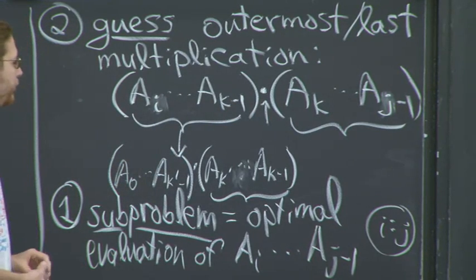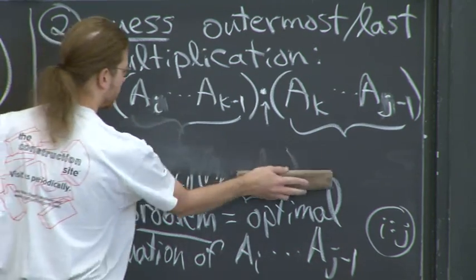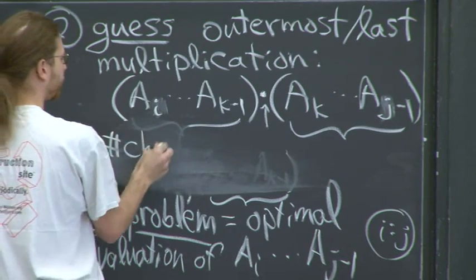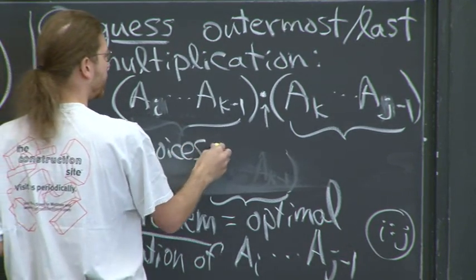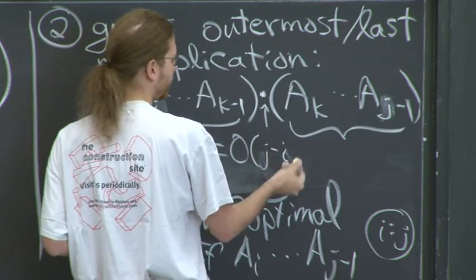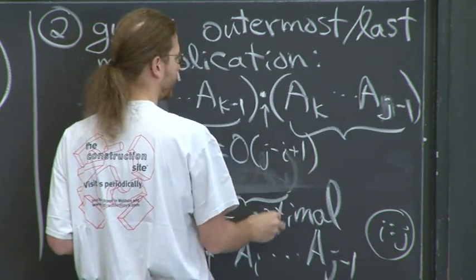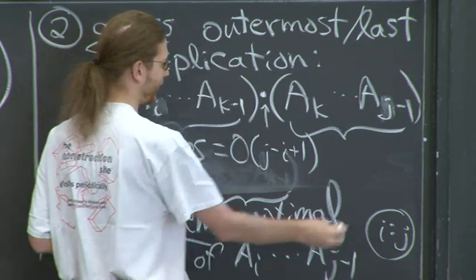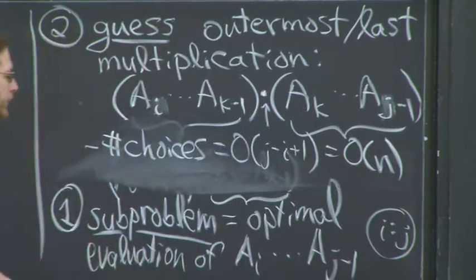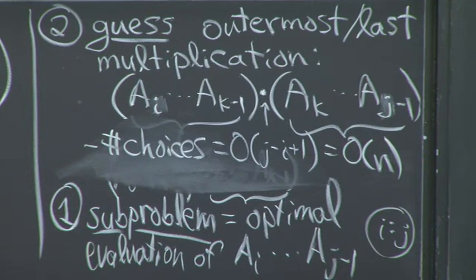The number of possible choices for this guess, and we have to try all of them, is order j minus i plus 1. I put order in case I'm off by 1 or something. But in particular, this is at most n. And that's all we'll need.